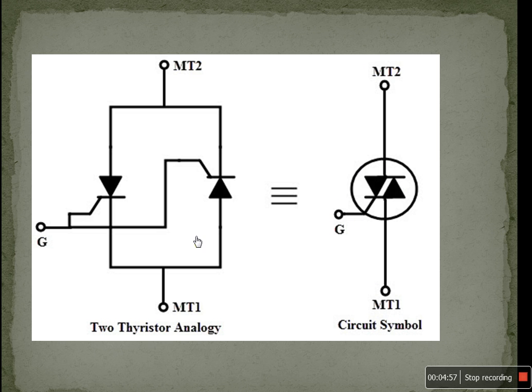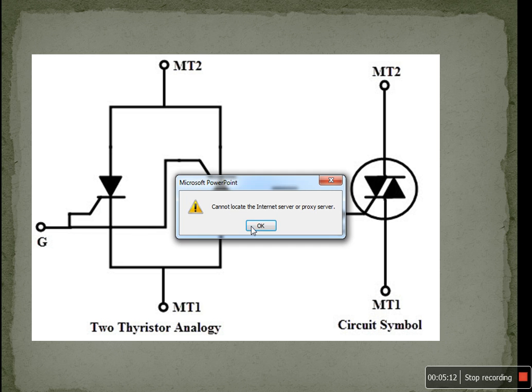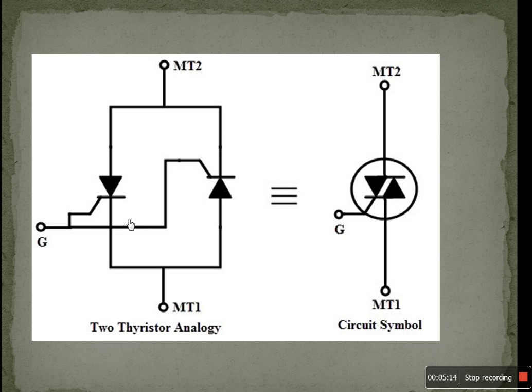This is one SCR and this is another SCR, connected in parallel, and the gate terminals of the two SCRs are shorted together, with the common terminal being the gate terminal. This is the two thyristor analogy, and this is the circuit symbol of the triac.